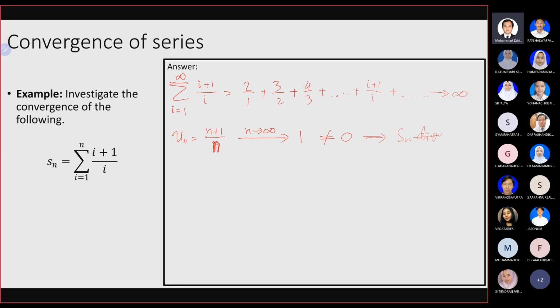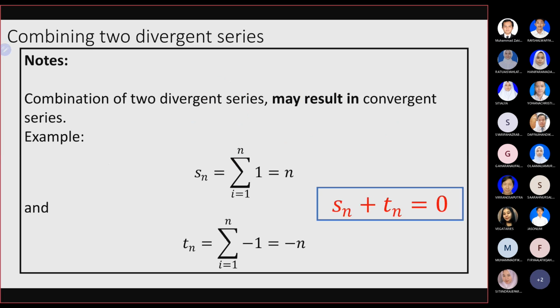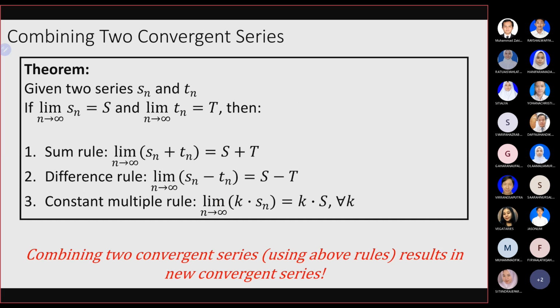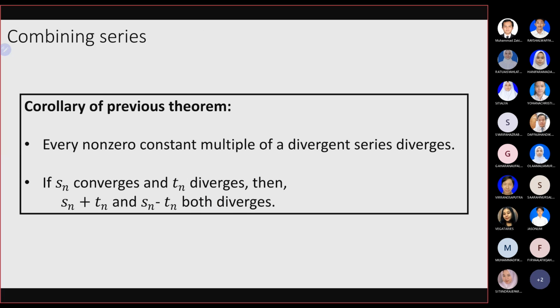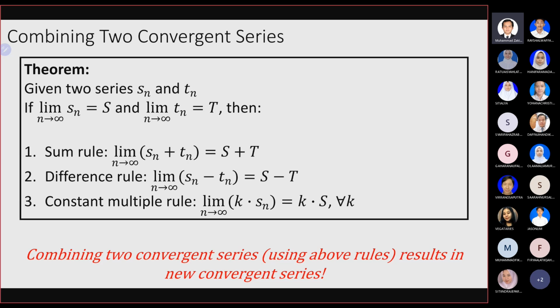Sn diverge. Because of this. Ya. Jadi kalau misalkan barisan Un-nya itu konvergen ke suatu bilangan yang bukan 0, maka Sn-nya, deretnya itu pasti divergen. Ya.